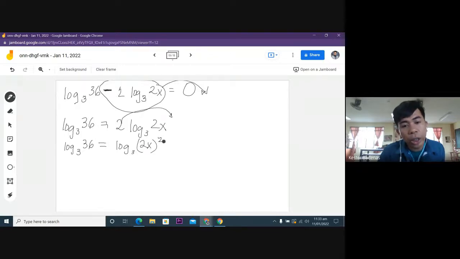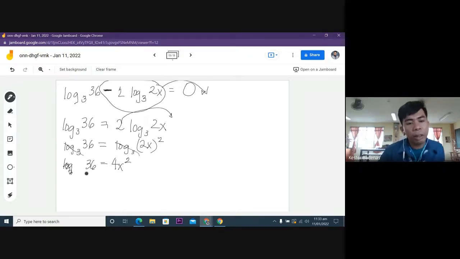Class, pag nag-squared tayo na may term dyan na pinagsama yung numerical and variable, squared pareho yun. Nataas ko na yung 2. Pwede naman cancel agad. So we have 36 is equal to, simplify to, 2x times 2x, 4x squared.